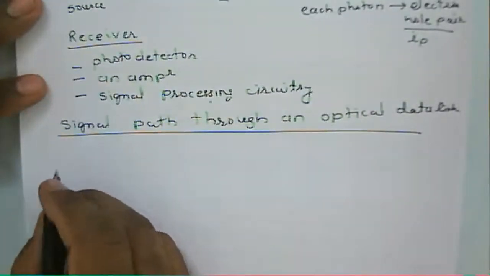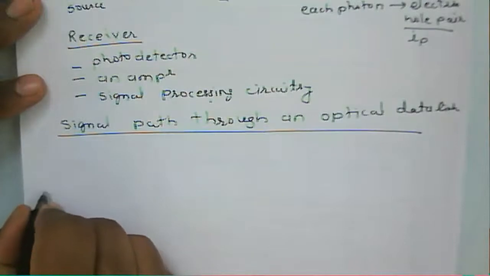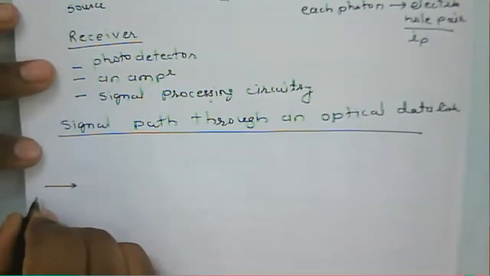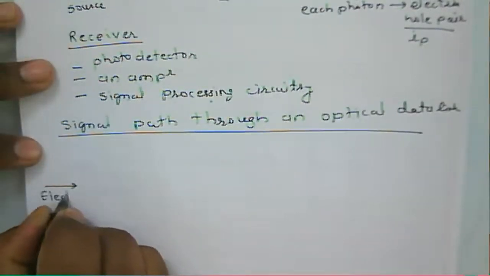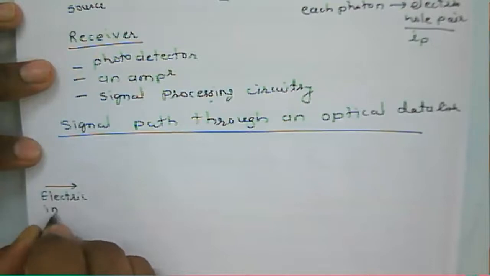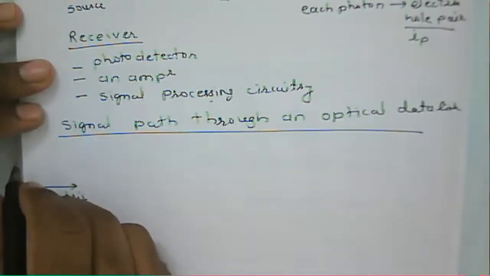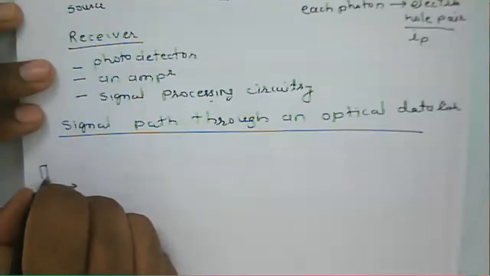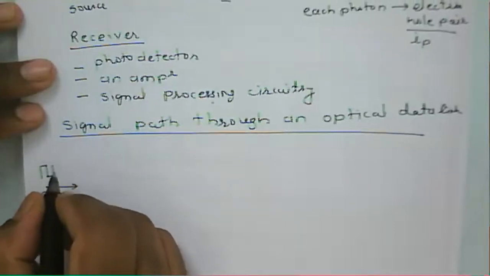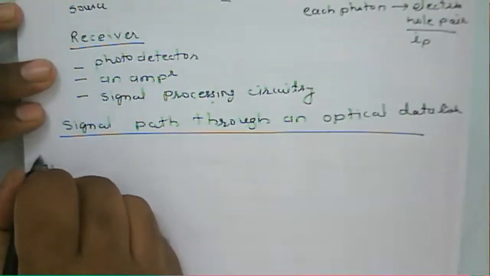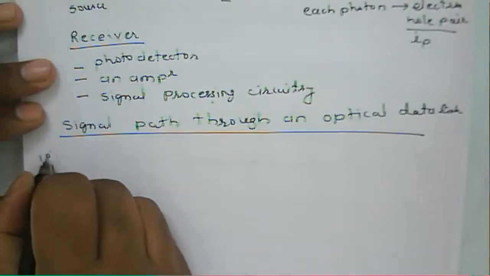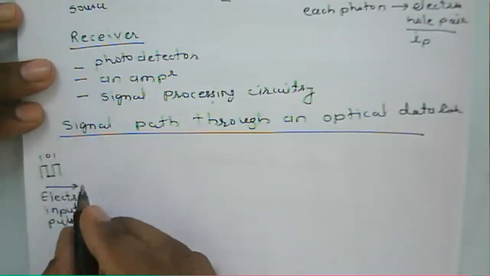In general, we have the electric input pulses, and these electric input pulses have a bit format, say 1 0 1 here.